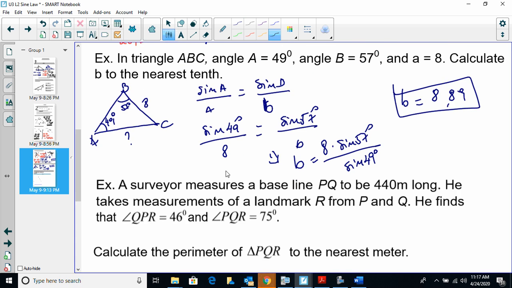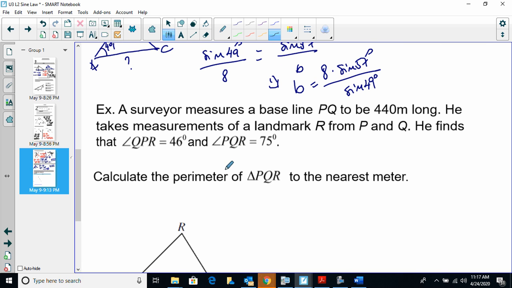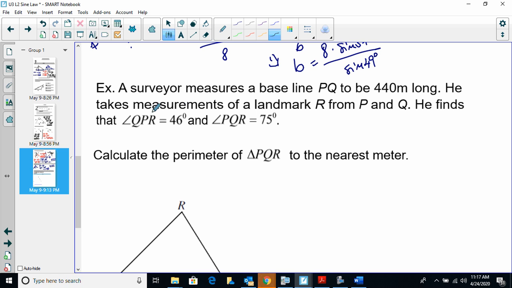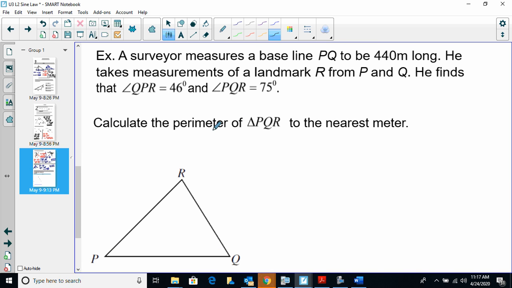Now we have another example. A surveyor measures a baseline PQ to be 440 meters long. He takes measurements of the landmark R from P and Q. He finds that the angles are given like this. Before we move forward, I want to clarify what this sign here means. It is the angle sign, and then you have three letters.